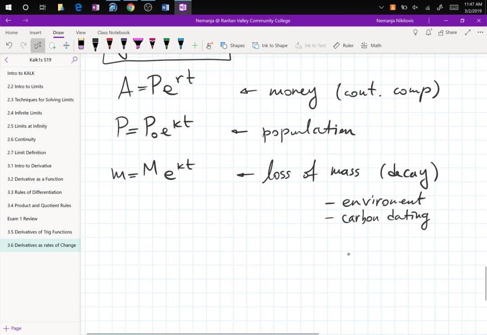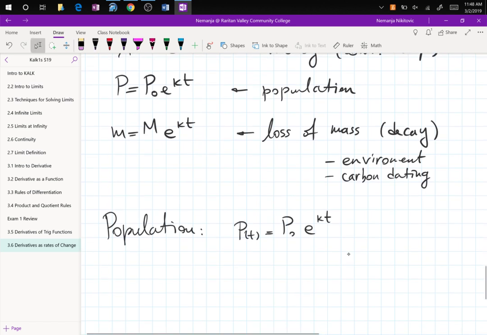Now we're going to take a look at the population, because that's the one that it's cool. And for this population model, which is population at any time t is the initial population times e to the kt, I like to go to this website.